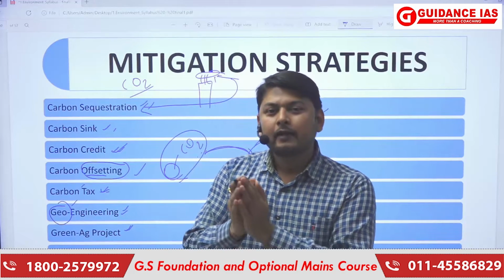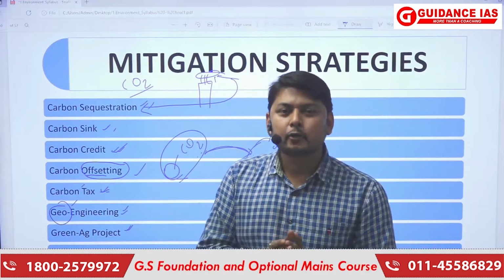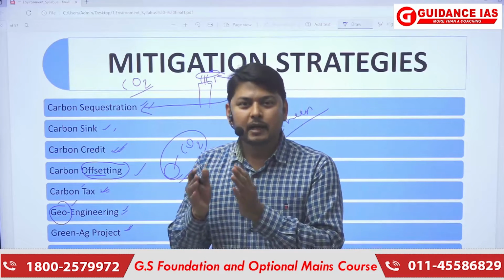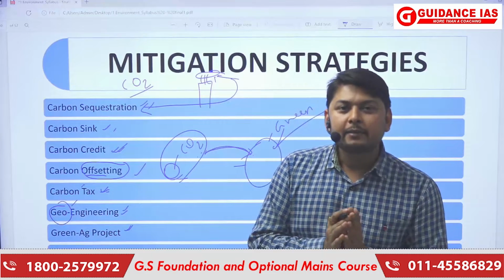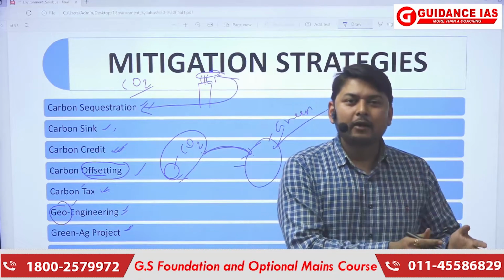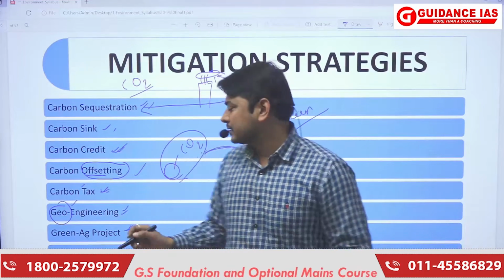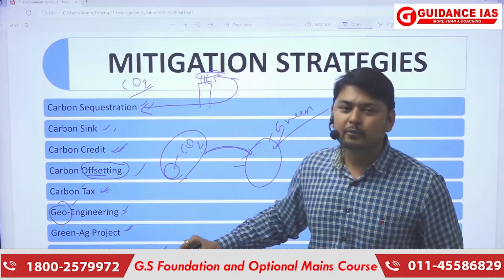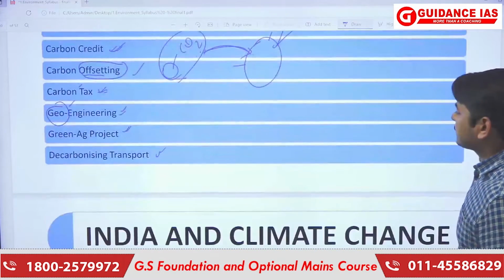Those can be electric vehicles, rapid mass transit systems, metros, electric buses. So replacing the gas-releasing vehicles with non-releasing vehicles is basically decarbonizing transport. We will be seeing all this in further lectures.